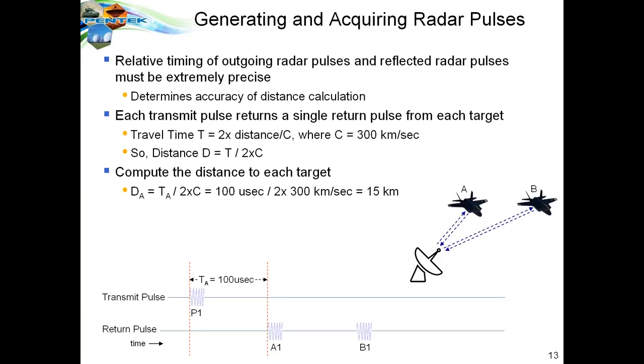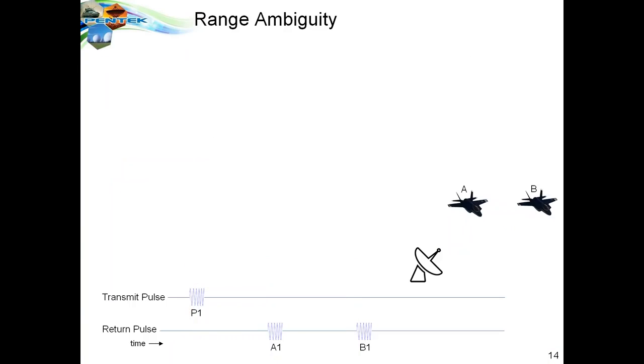So using the formula, we plug in 100 microseconds for the time, multiply by the speed of light divided by 2, and we get a distance of 15 kilometers for target A. We can also compute the distance to target B by measuring its return time. The reflected pulse B1 from target B is 200 microseconds. Plugging that into the formula, we get a distance of 30 kilometers to target B. These are the basic principles for doing radar measurements.